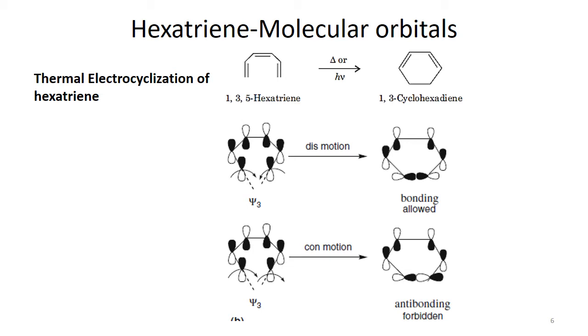Each carbon has 1 electron, so there are going to be 2 electrons for 2 carbons, and there are in total 6 carbon atoms, so there are going to be 6 electrons in total. So there are 6 electrons to be distributed in these 6 psi functions, the 6 molecular orbitals of hexatriene.